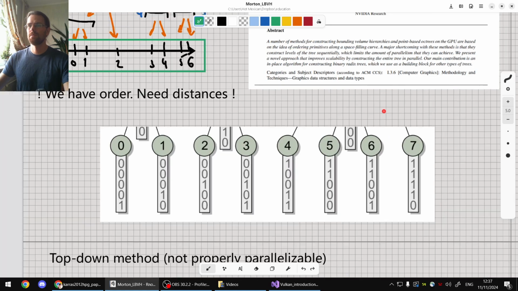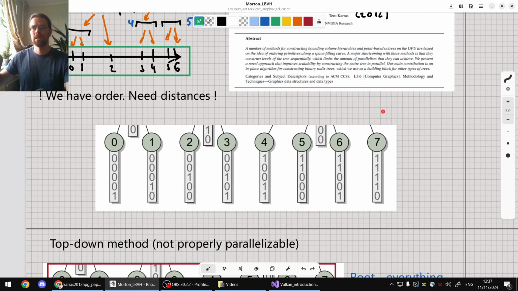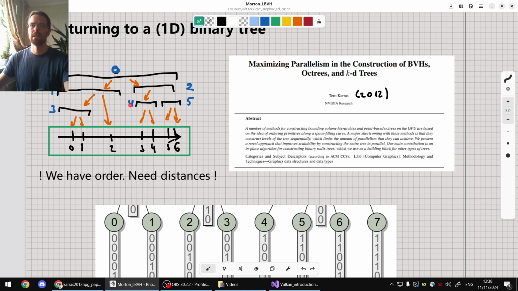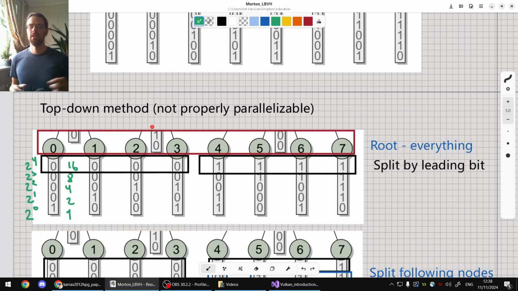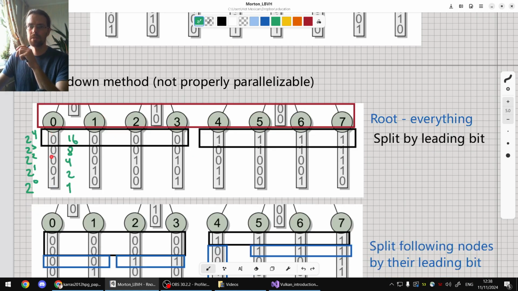Okay, cool. We have order, but how exactly do we measure distances? Basically, how do we decide these splits? The simplest idea is similar to the Quadtree, where each time we subdivide the space into 2 parts. So this is the binary representation, sorted in growing order.